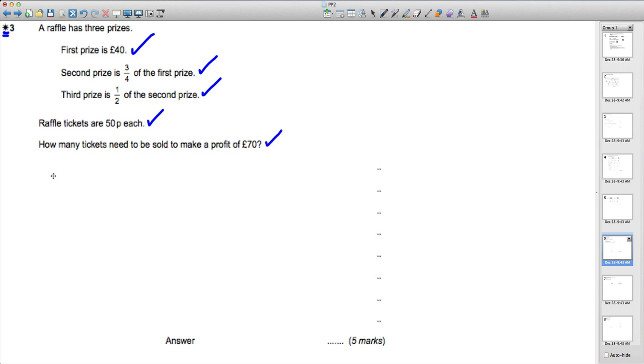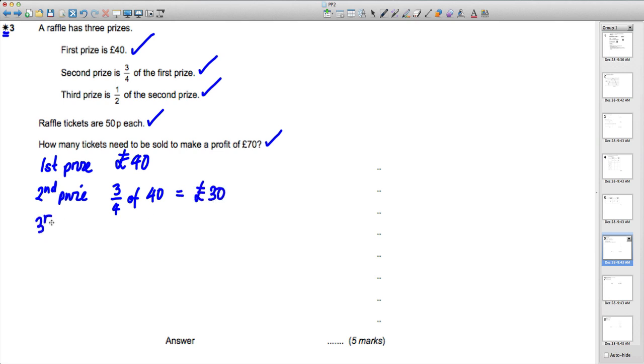First of all, let's work out the total prize money. So, first prize is £40, we know that. Second prize is 3/4 of this, so it's 3/4 of 40, which you should be able to spot easily is £30.